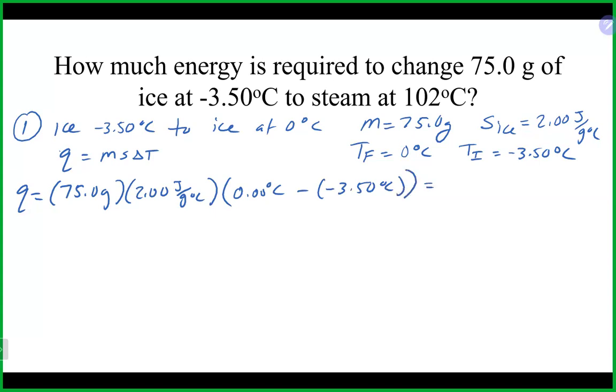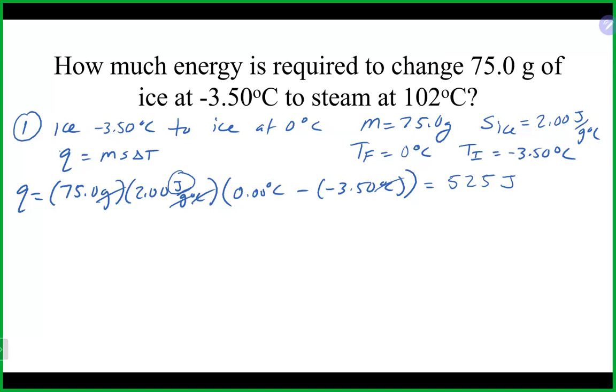And that is going to get us about 525 joules of energy. Again, our degrees Celsius will cancel, our grams will cancel. It's going to leave us joules at this point. This is positive, right? Because we're basically melting ice, right? So that makes sense. We ended up with a positive energy number here.